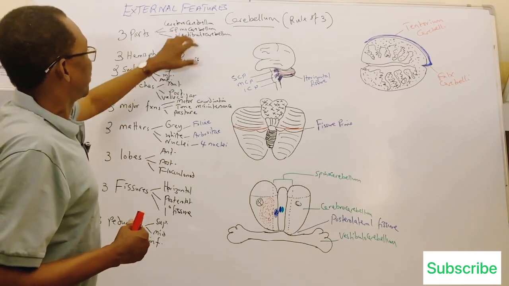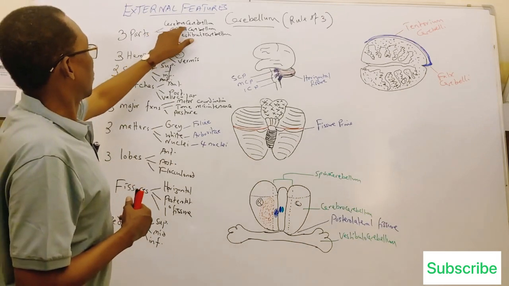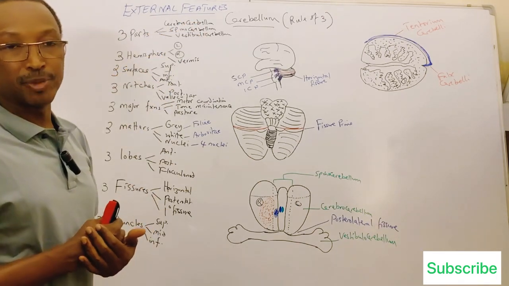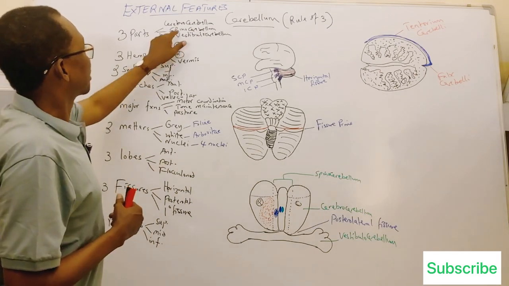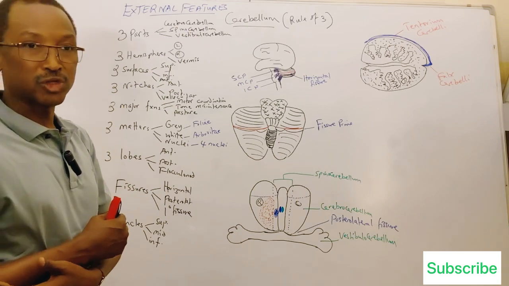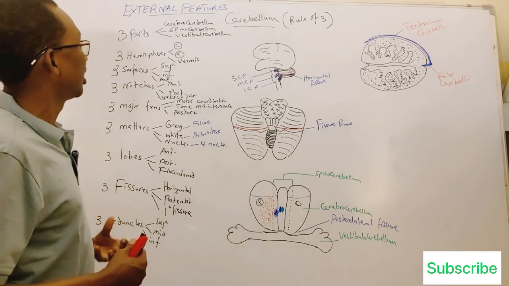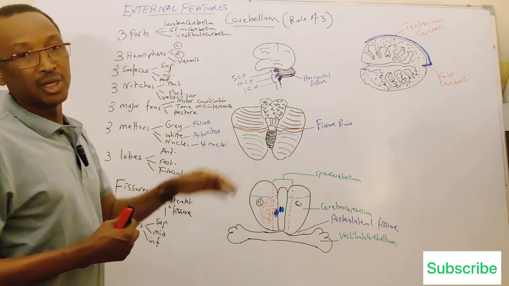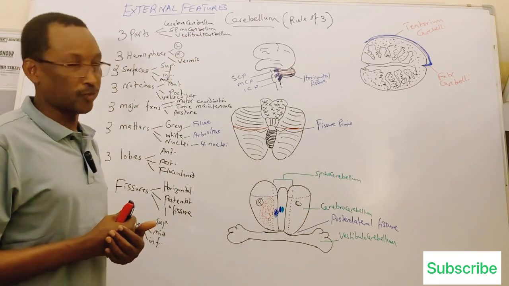The functions of each of these parts: the cerebrocerebellum is responsible for the motor coordination of our body, while the spinocerebellum is responsible for the proprioceptive information coming from the different parts of our body, while the vestibulocerebellum is responsible for the maintenance of balance and posture.